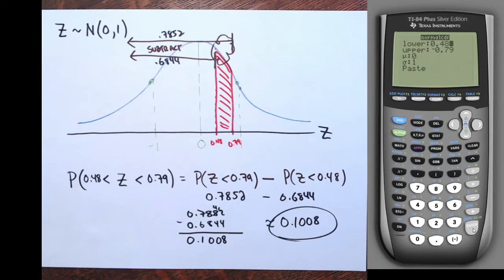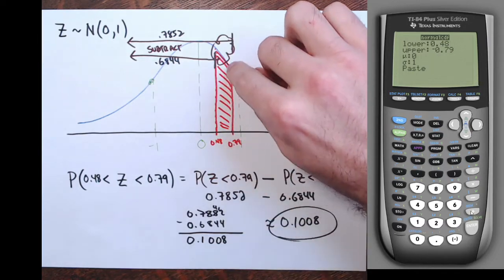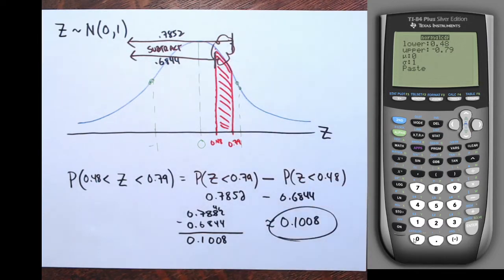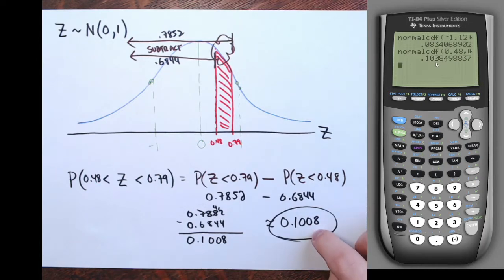The upper value in this region is at 0.79. Mean is 0. Standard deviation is 1. And I see 0.1008. And that would round to 0.1008, which is what I had here using the table.